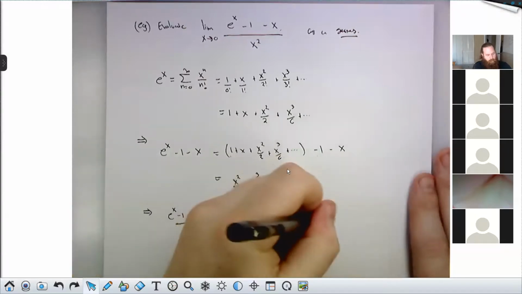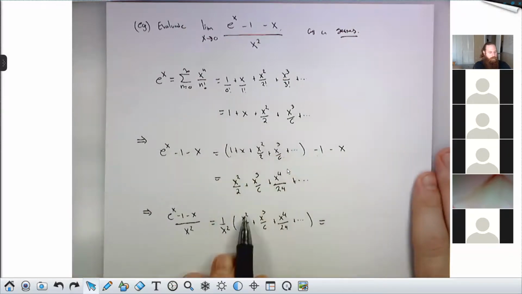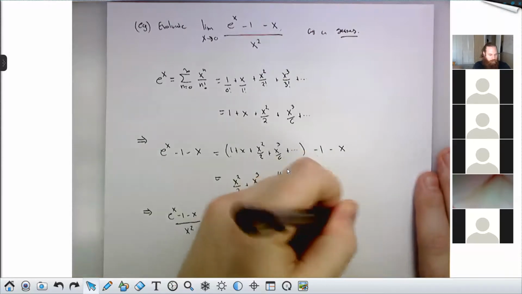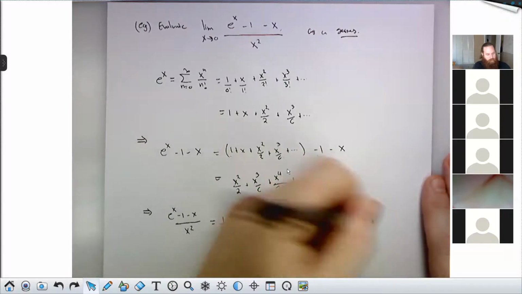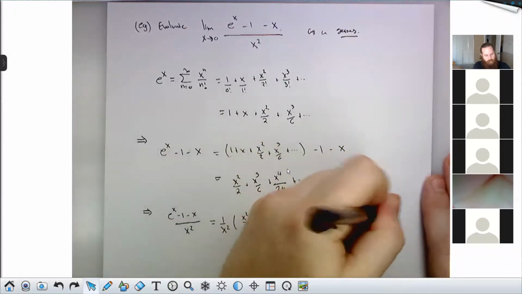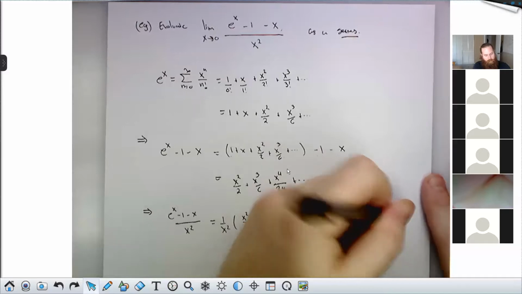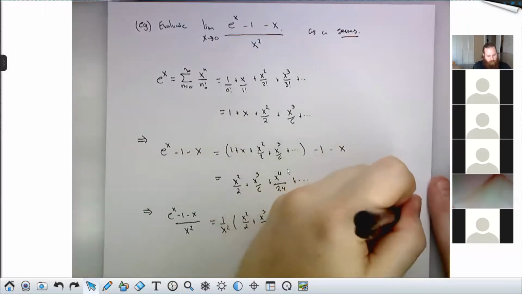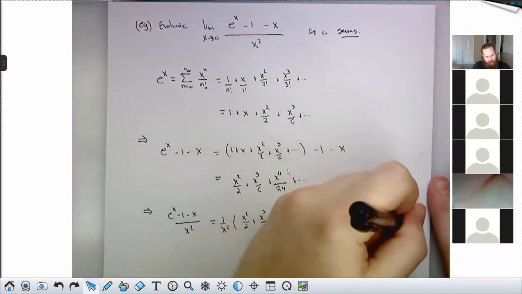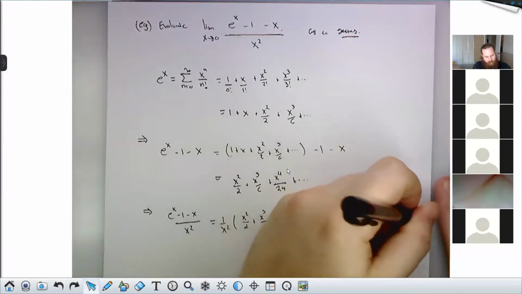And if you distribute the 1 over x squared, you knock each of these powers down by 2, you just get 1/2 plus x over 6 plus x squared over 24, plus the next term would be x cubed over 5 factorial, and so on.